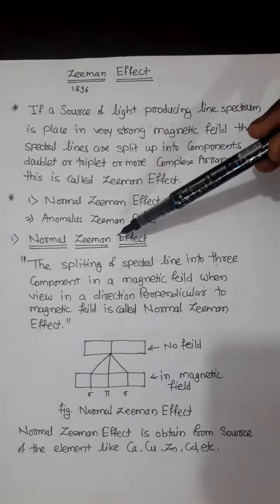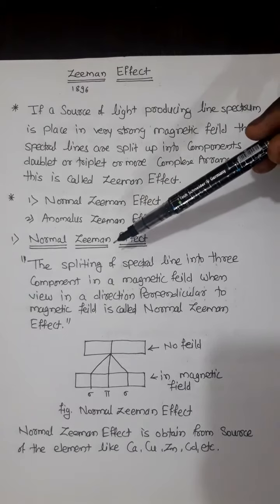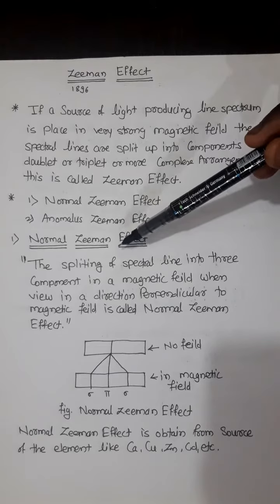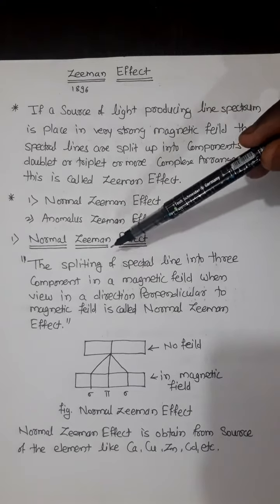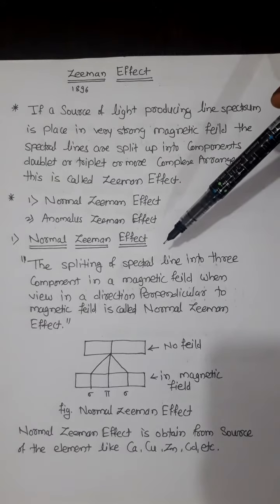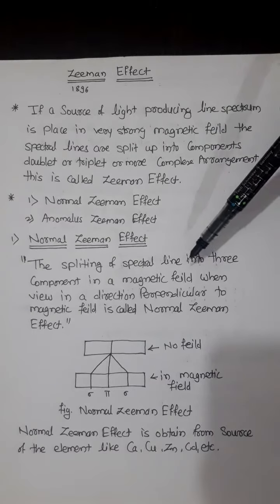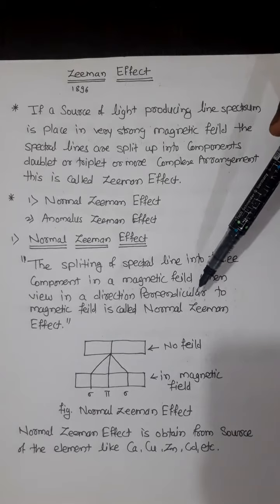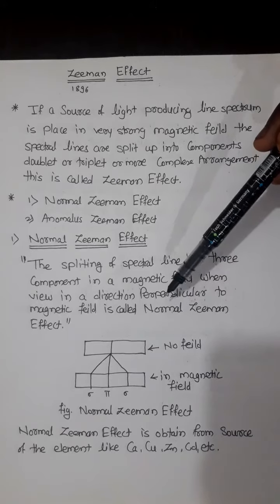Now, normal Zeeman effect. What is normal Zeeman effect? The splitting of a spectral line into 3 components in a magnetic field, when viewed in a direction perpendicular to the magnetic field, is called normal Zeeman effect.